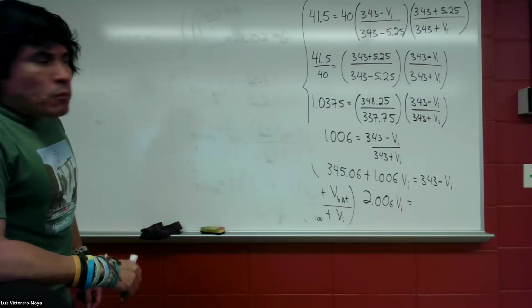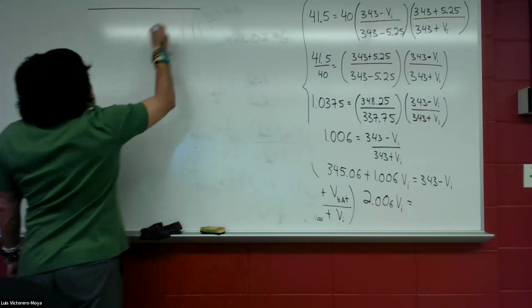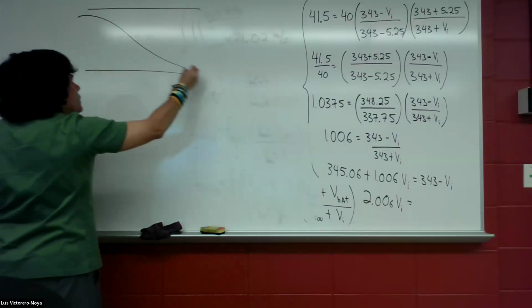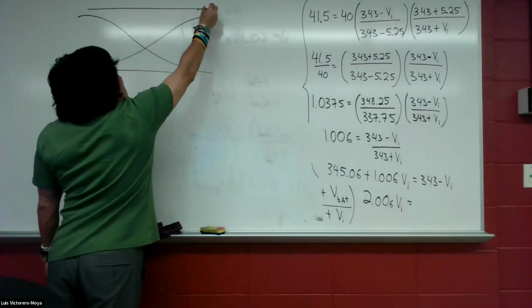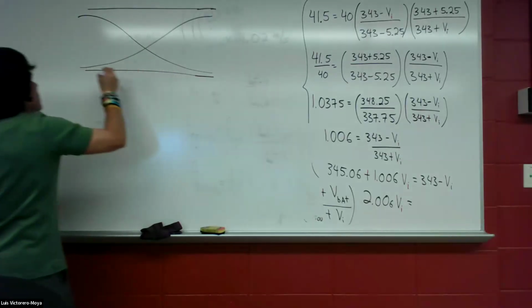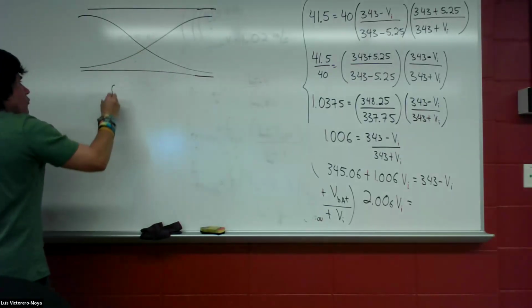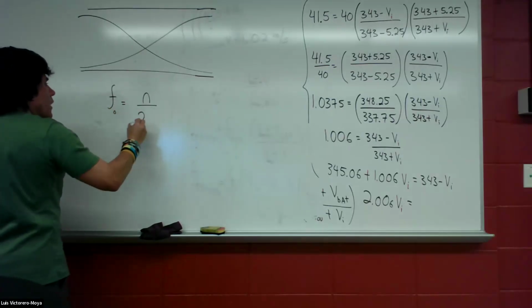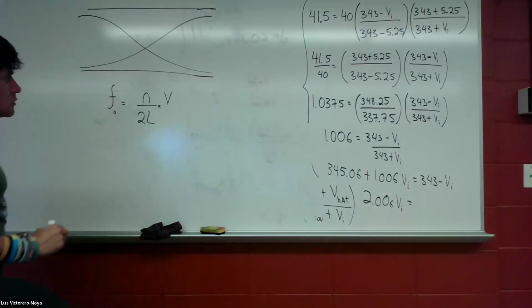A pipe open at both ends. So you have a pipe, remember that if it's like that, then it goes like this. Right? Or if you think about it, the fundamental frequency is n over 2L times the speed of sound.